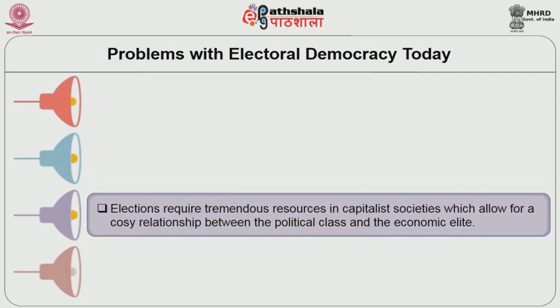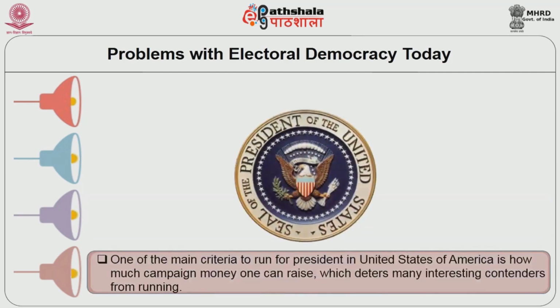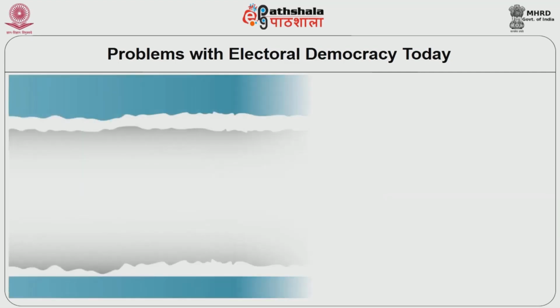Elections require tremendous resources in capitalist societies, which allow for a cozy relationship between the political class and the economic elite. For example, one of the main criteria to run for President of the United States is how much campaign money one can raise, which deters many interesting contenders from running.